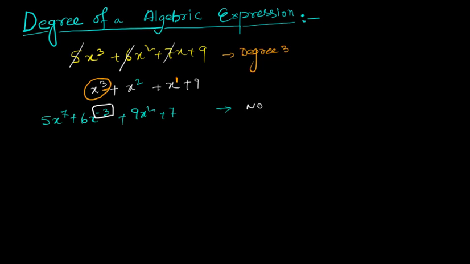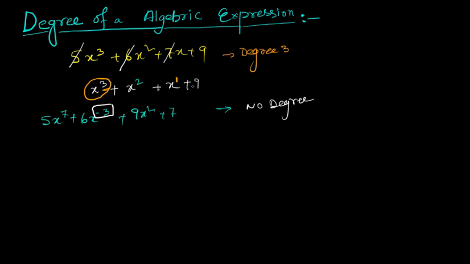So no degree. But if it were positive 3, then 7 would be the degree, because it is the highest power of the variable. So it's easy to find the degree of an algebraic expression. Negative powers and fractions will not work.